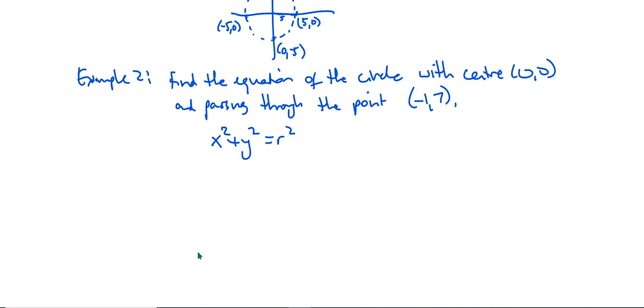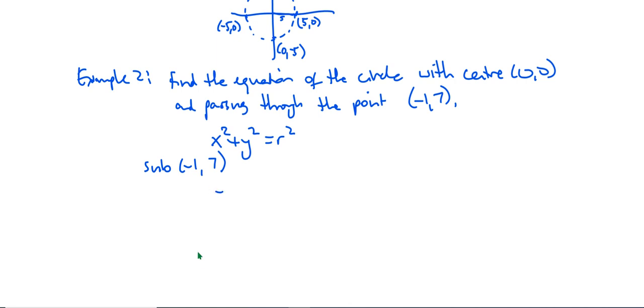Because we know that this point (-1, 7) lies on the circle, since the circle passes through it, we can sub it in, because that point will make the equation true. If a point sits on a graph, it makes the equation of that graph true.